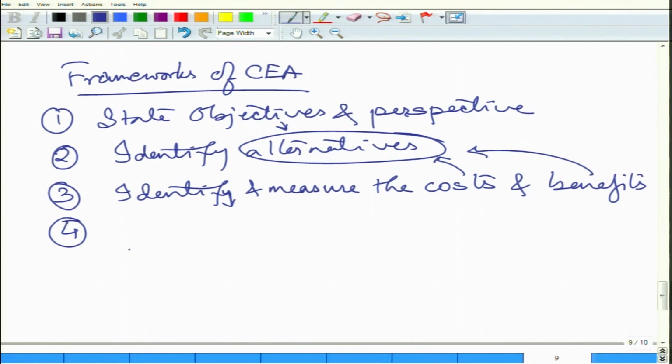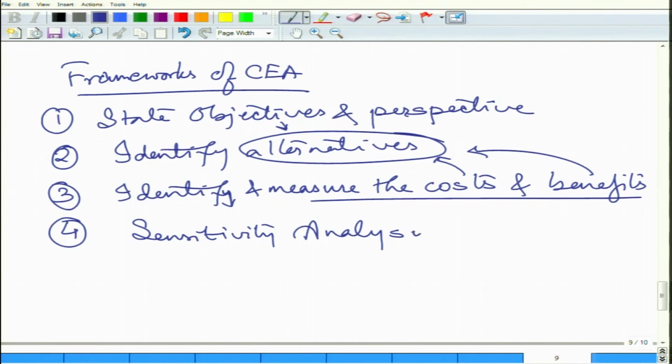The fourth one is, after measuring the costs and benefits, we will do a sensitivity analysis. Sensitivity analysis gives you a kind of confirmation about the relationship between the dependent variables and the independent variables. One particular model with one dependent variable and a set of independent variables for a given population can give a result very, very different from the same model worked on a different population.